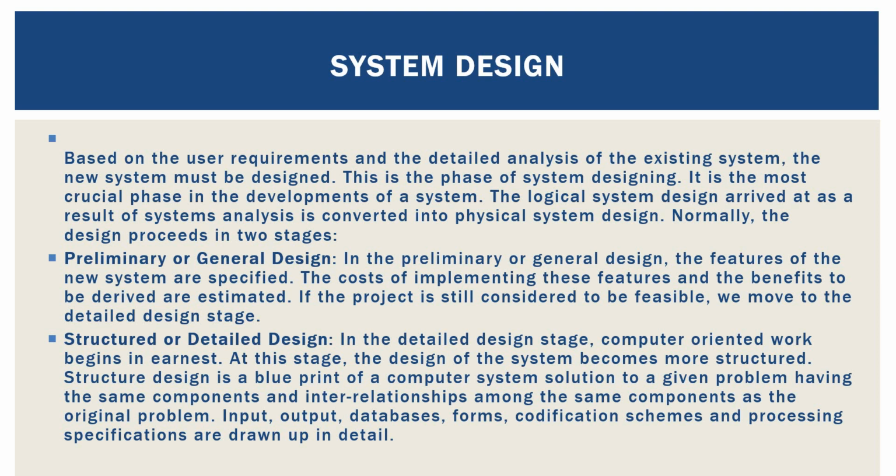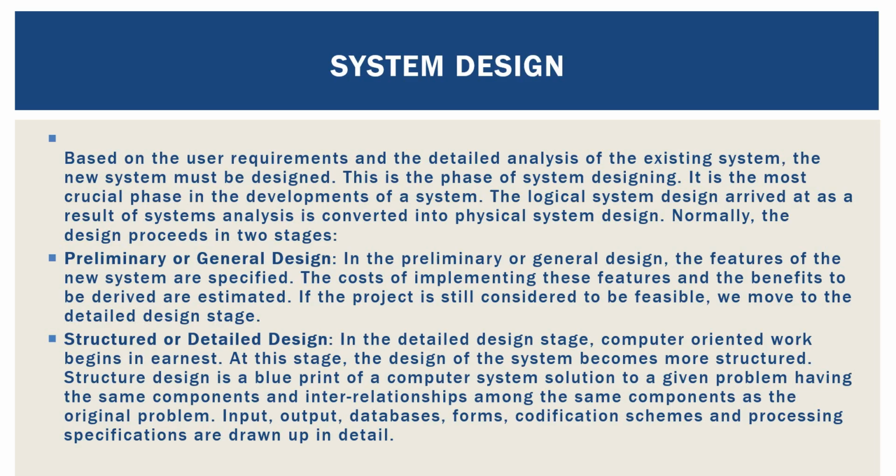At this stage we start computer-oriented work, so the designs become more structured. The structured design is a blueprint of a computer system solution to a given problem, having the same components and the interrelation among the subcomponents as the original problem. Input, output, database, forms, codification schemes, and processing specifications are drawn up in detail.